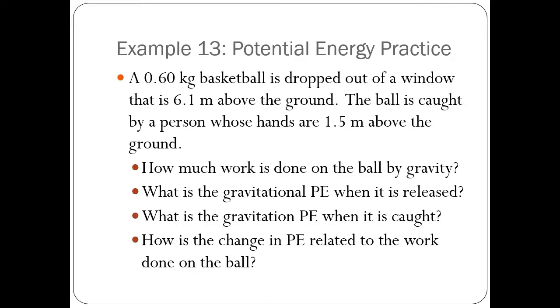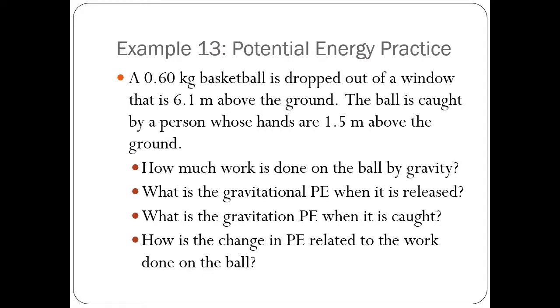How much work is done on the ball by gravity? Well, if that's 4.6 meters, then that distance, 4.6 times 6 newtons, should give us the work done on the ball by gravity.